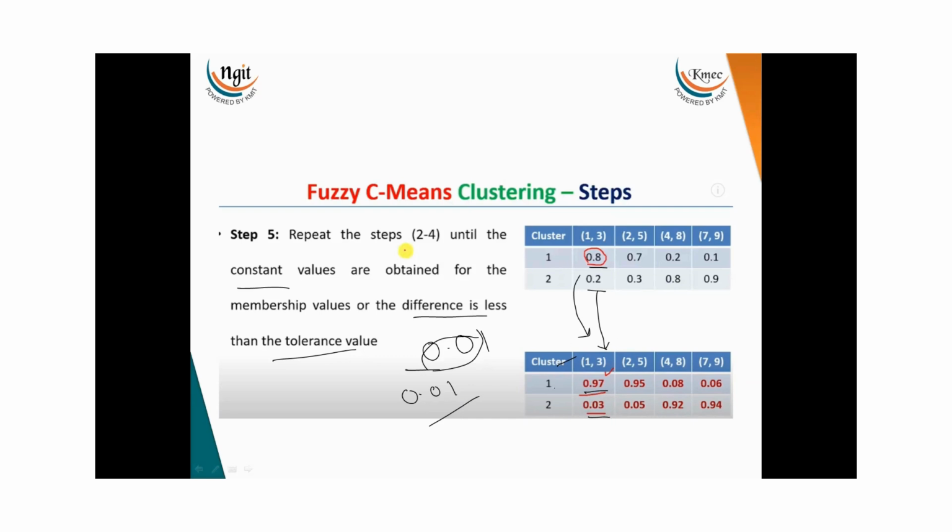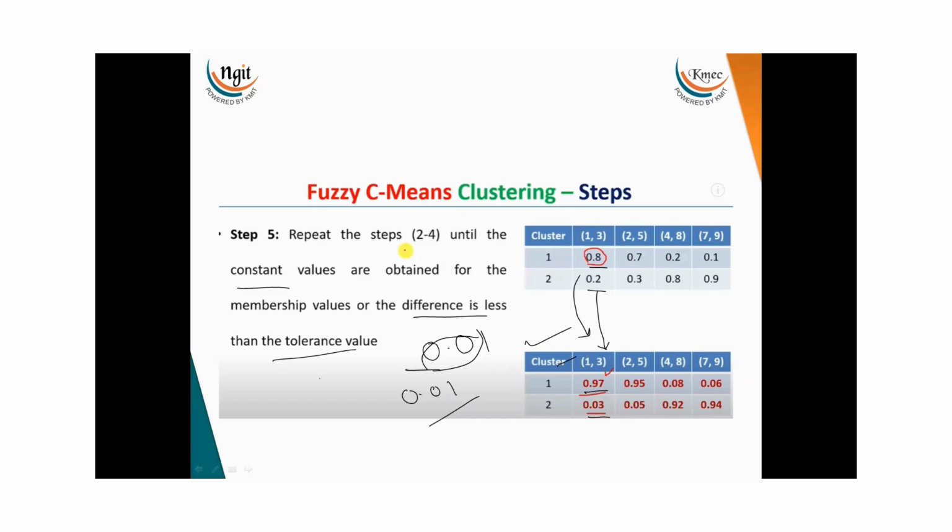Again we'll repeat steps number 2, 3 and 4 and try to find the final clusters, where after every updation we get constant membership values or the difference is less than the tolerance value. Then we'll stop the repetition process and say this is the final outcome of the algorithm.